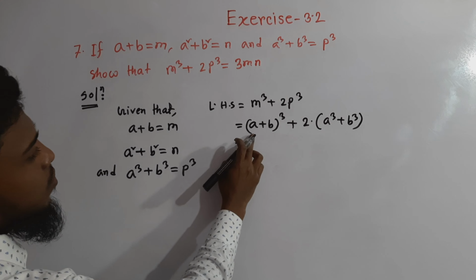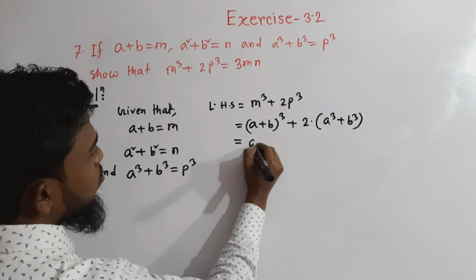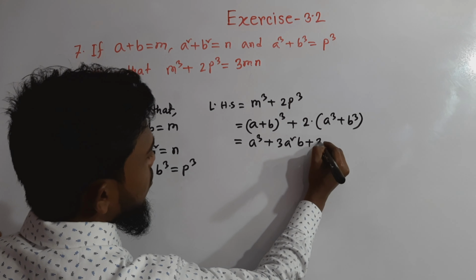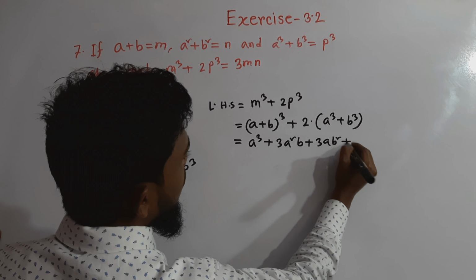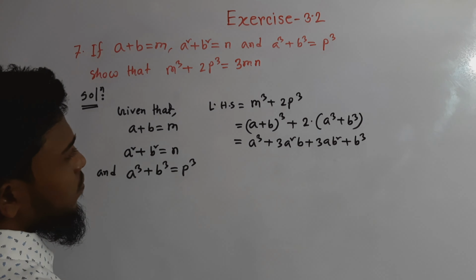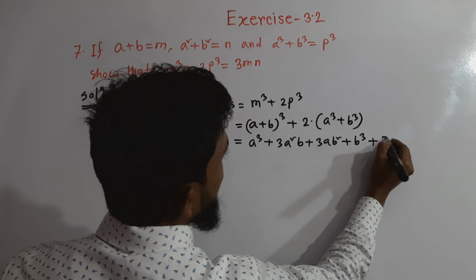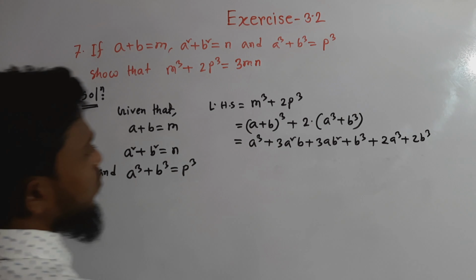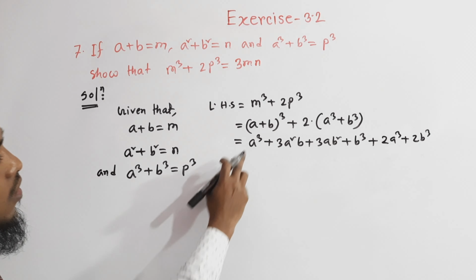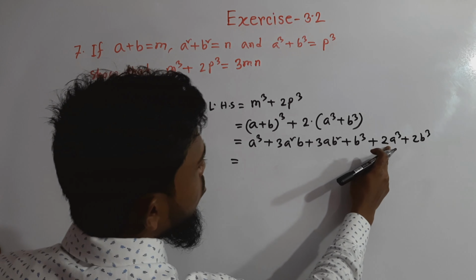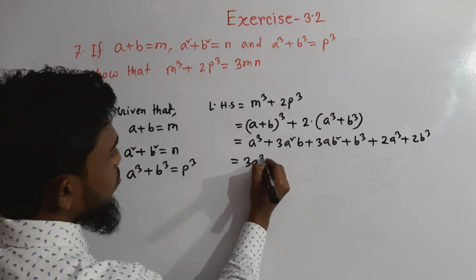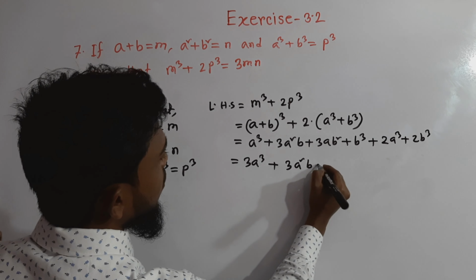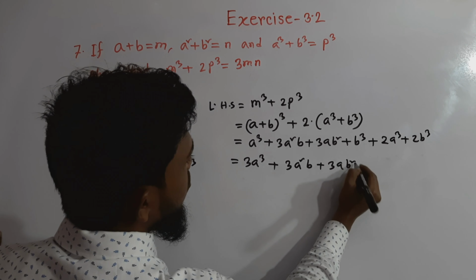We know the formula of (a plus b) whole cube equals a cube plus 3a square b plus 3ab square plus b cube, plus 2a cube plus 2b cube. Now here a cube plus 2a cube is 3a cube, plus 3a square b plus 3ab square.